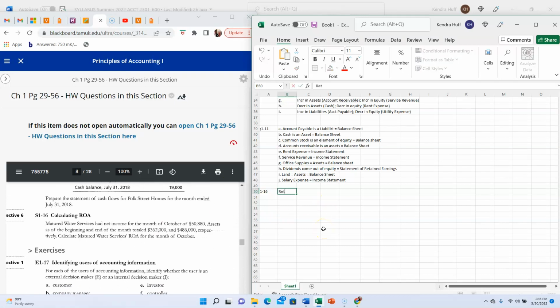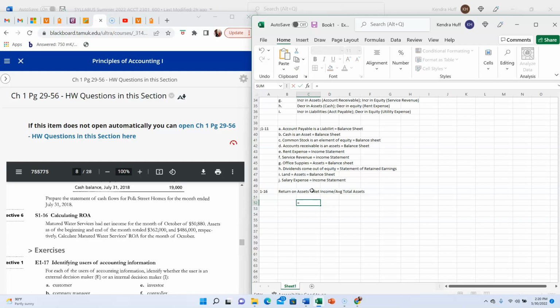All right. Number 16 is return on assets. These little things are usually the very last section of the chapter. So return on assets equals net income divided by average total assets.